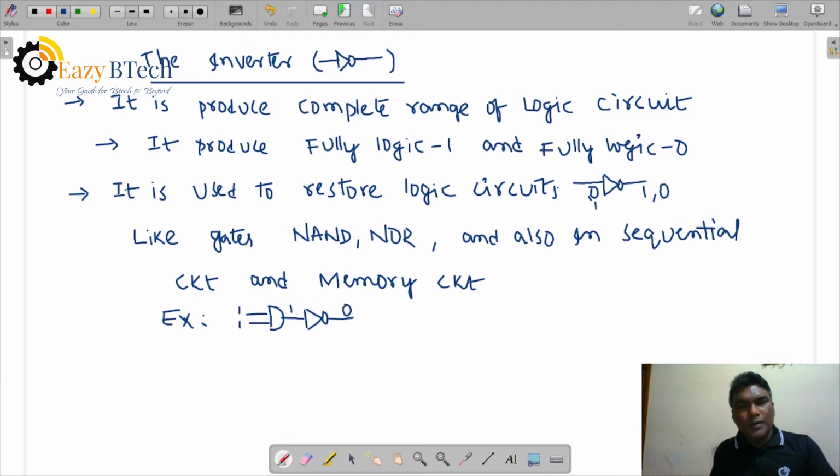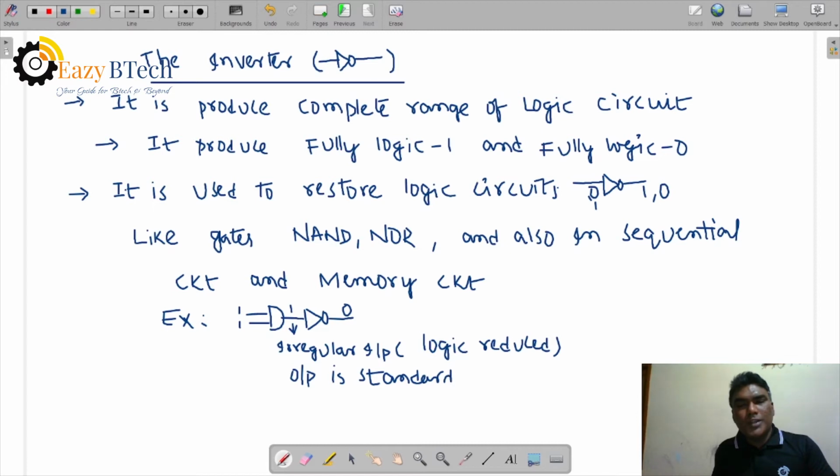If there is any irregular input, the logic may be reduced. Even if the logic is reduced, the output will be standard. The output is restored.